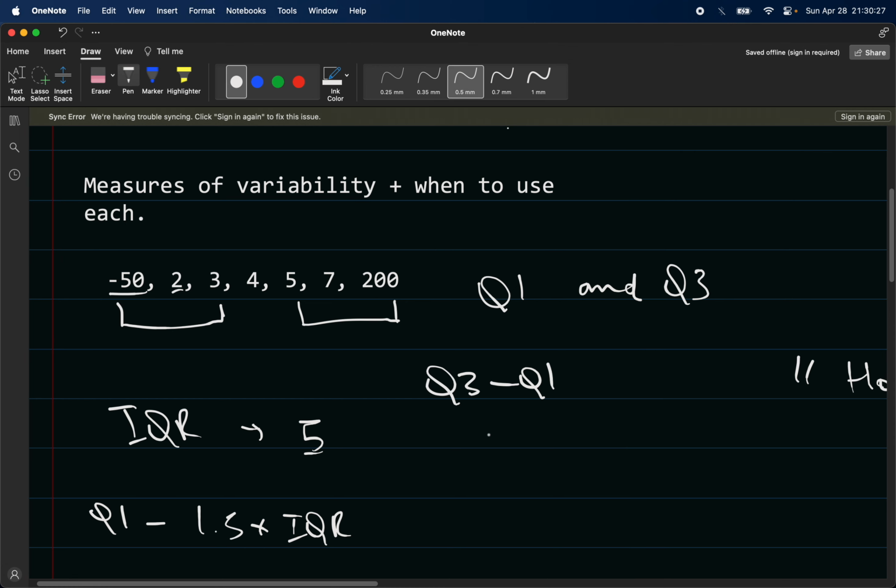The biggest plus point with the box plot is that it indicates outliers. So that's why if you want to find outliers, you should use a box plot.